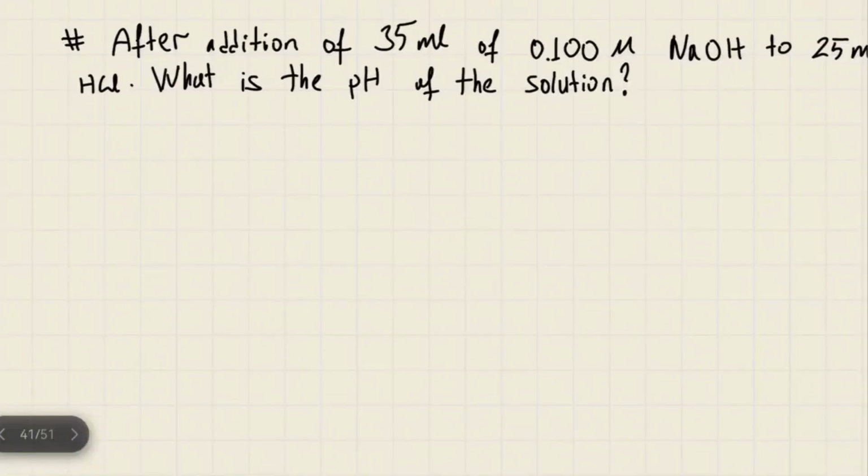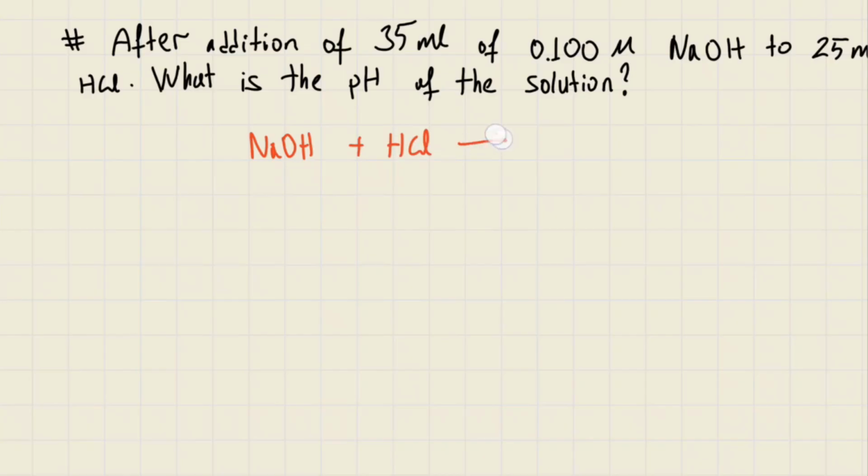But what if we exceed the equivalence point? Then after addition of 35 milliliters of 0.100 molar sodium hydroxide to 25 milliliters of HCl, what is the pH of the solution? So again, we have a neutralization reaction, but in this case, the limiting reagent will be HCl.